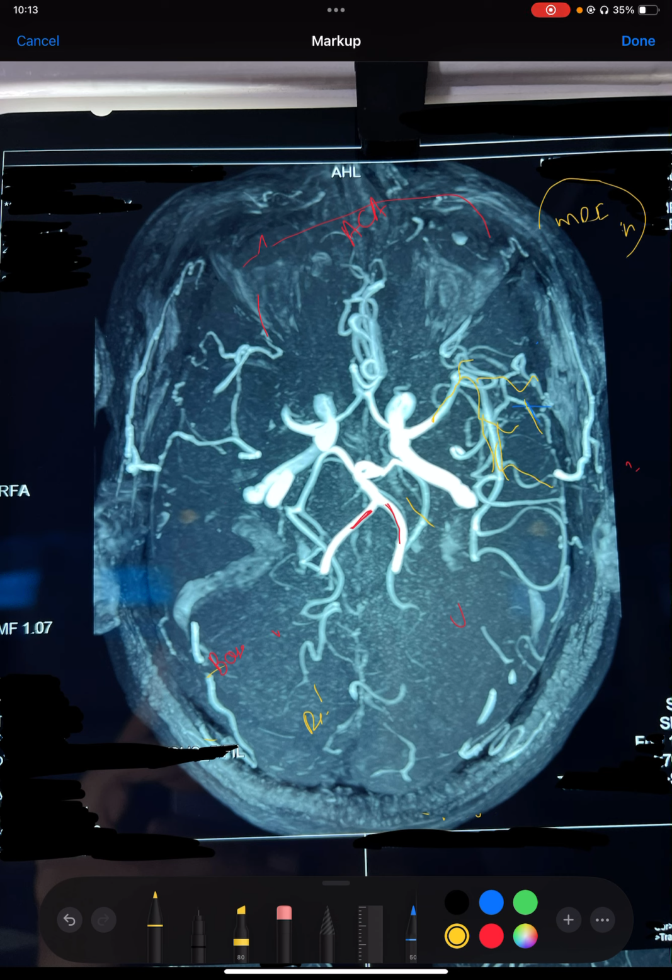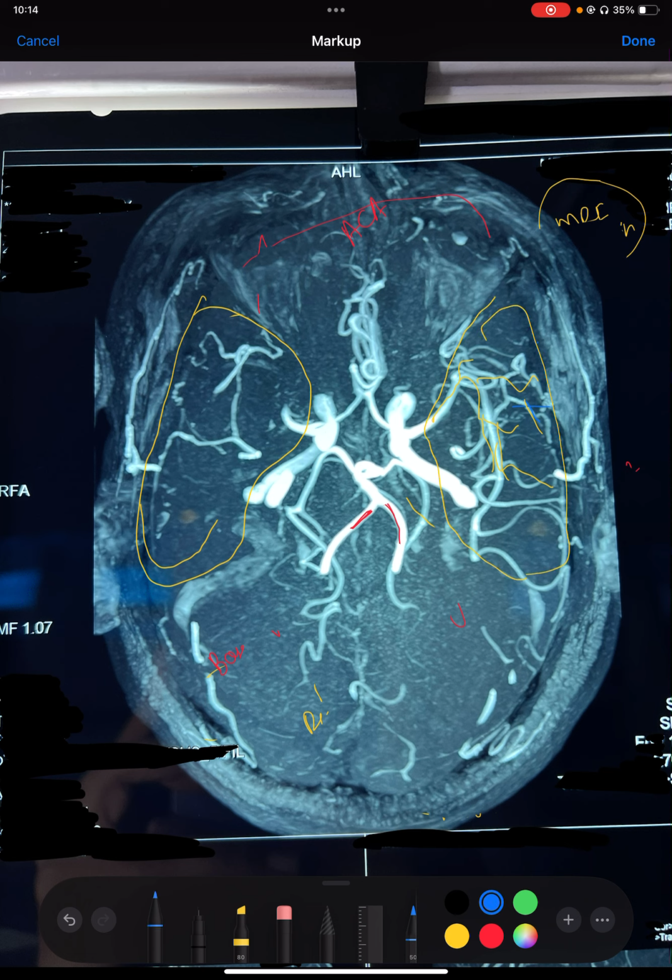But in here, these arteries are not visible because this right middle cerebral artery is blocked. So we are not able to see the perfusion. See, this portion of the brain appears blackish. There is poor perfusion compared to this left side of the brain, which has excellent perfusion.